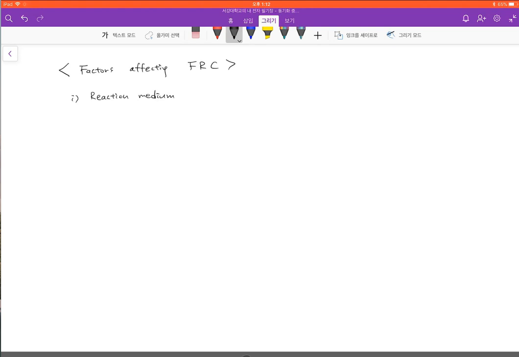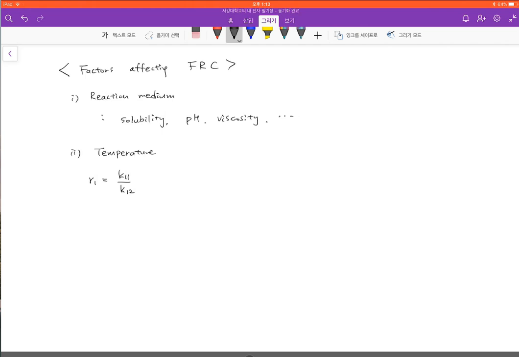For example, the reaction medium or the solvent can affect free radical polymerization, such as the solubility of monomer, pH of the solution, viscosity, etc. Secondly, polymerization temperature also affects the degree of free radical copolymerization.